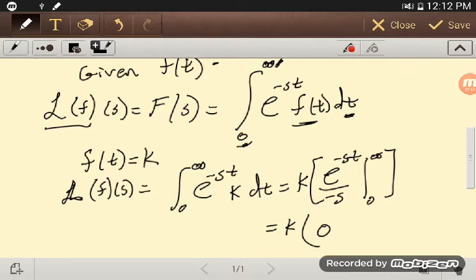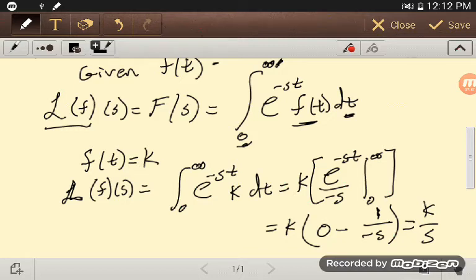So I'll get a 0 from that one. And when I put 0 in for t, so now I have a minus, and then when I put 0 in for t, I'll get 1 and a minus s there, and so I get k over s. And that is the Laplace transform of a constant k is just k over s. So you see it's a function of s.